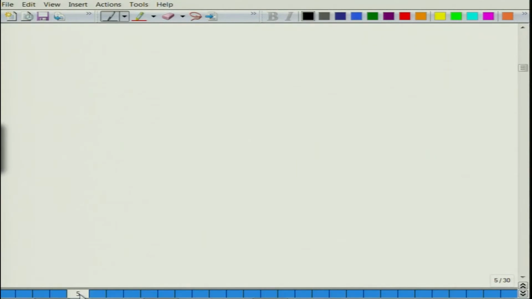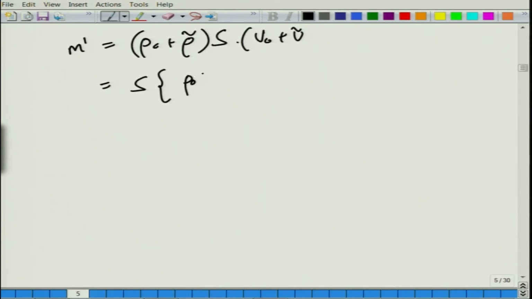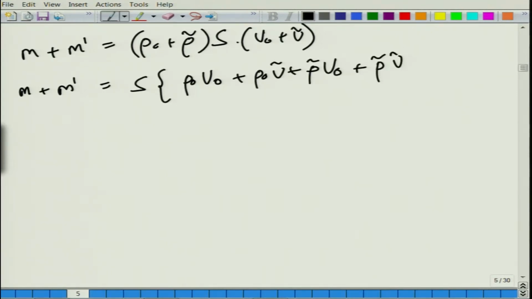Similarly, we can also get the perturbation mass flux, that is m dash. We can write this as rho naught plus rho tilde, remember, times S, the cross section area, times u naught plus u tilde. If we systematically multiply the terms, this is your average part and this is your perturbation part.